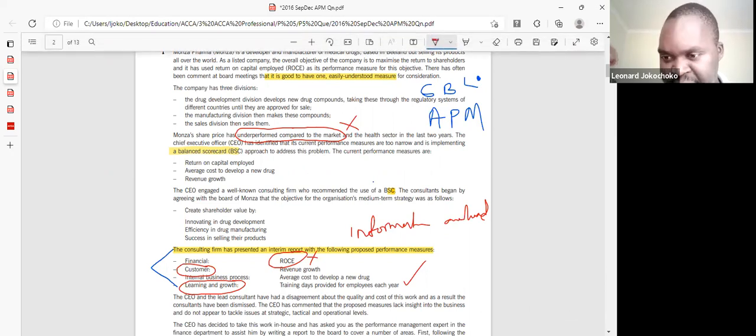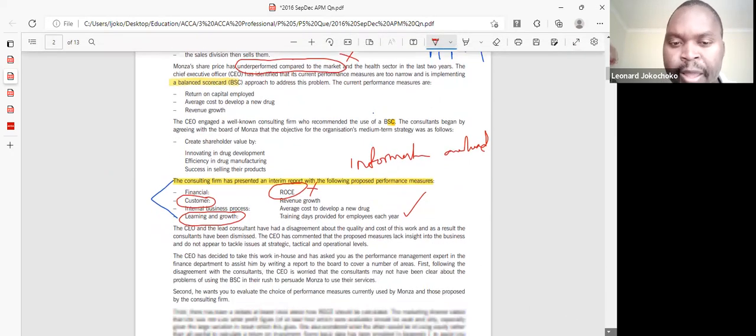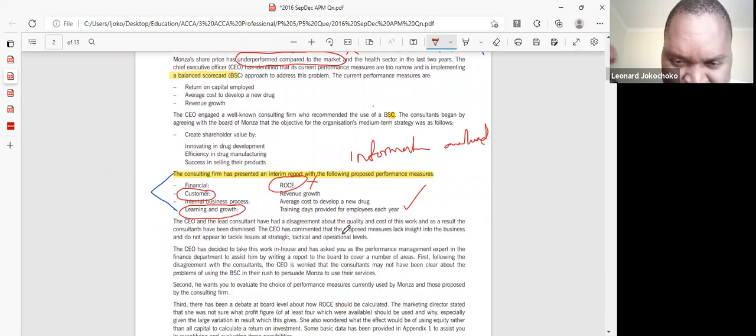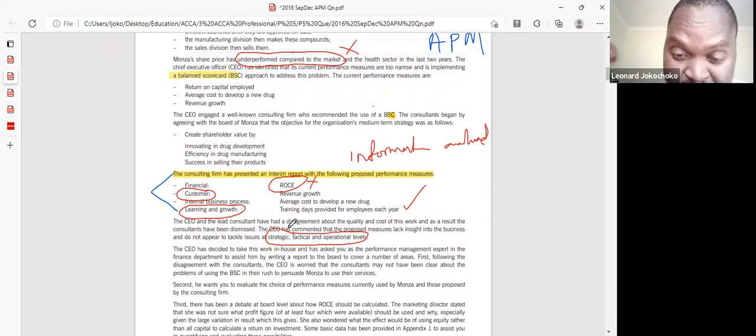You would see that in this particular question, the CEO had a problem with the existing measures. And why were they having a problem? They thought that the report does not address the different levels of performance in an organization.